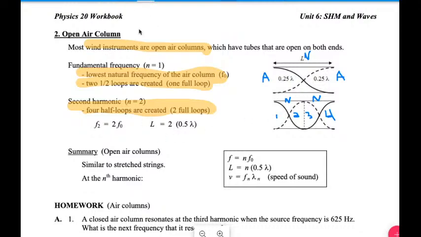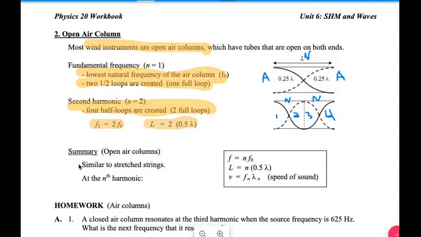Hopefully that didn't confuse you more. So the second frequency is 2 times our fundamental frequency, and we've got 2 times our half wavelength, so a full wavelength, peak to peak, crest to crest.